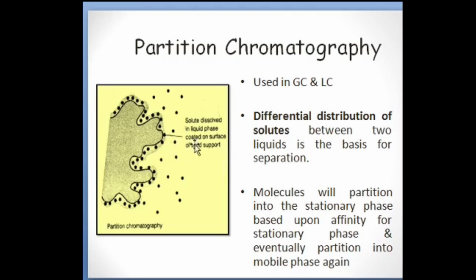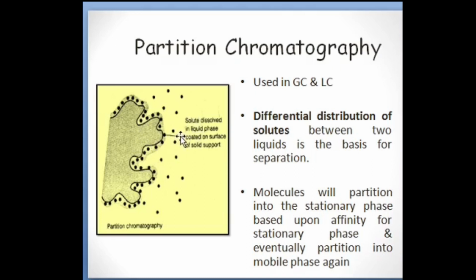If you look at this diagram, the black dots are the solutes dissolved in the liquid phase, coated on the surface of the solid support. In paper chromatography, the solid support is the paper made of cellulose, the mobile phase is the solvent, butanol and acetic acid, whereas the stationary phase is water.